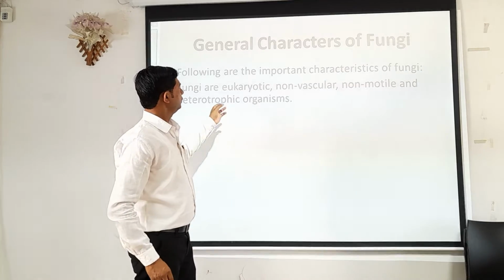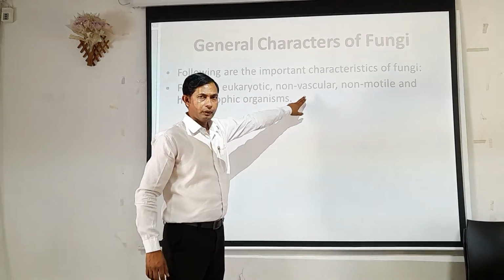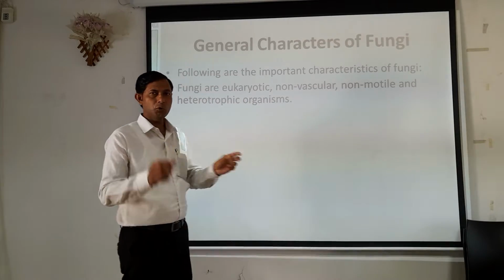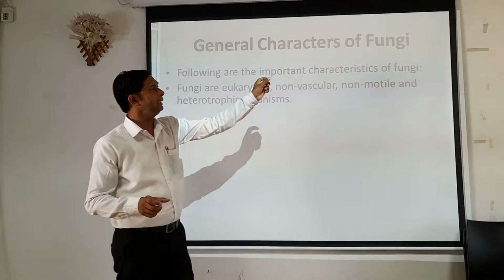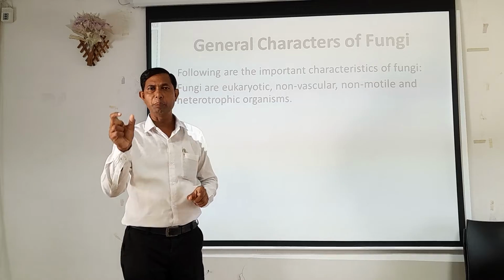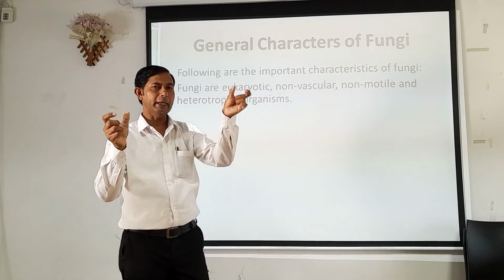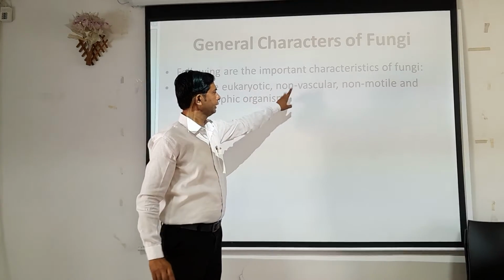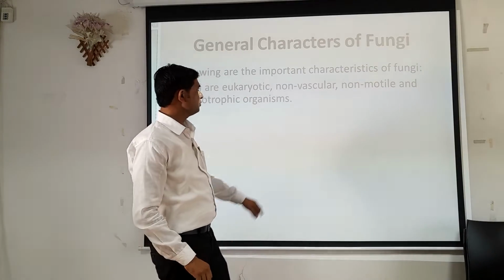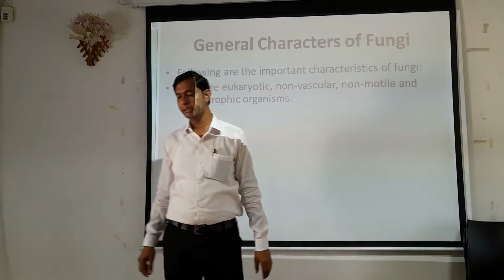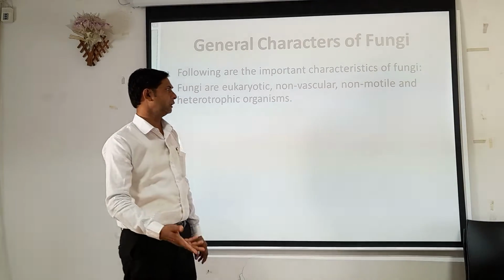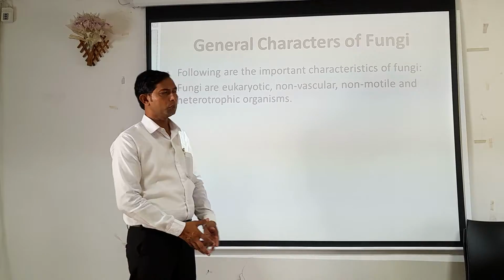That is the difference between plants and fungi. So we can say that fungi are placed in between kingdom Plantae and kingdom Monera. So this is the eukaryotic and non-vascular nature. Then next is non-motile. Non-motile means they cannot move from one place to another.